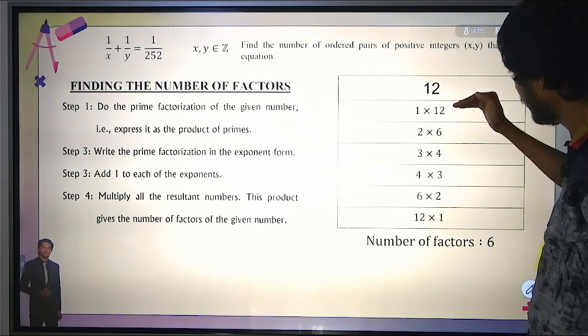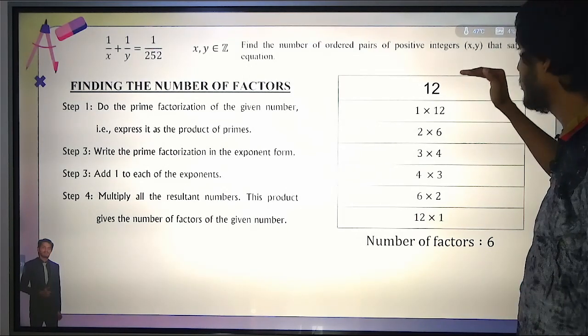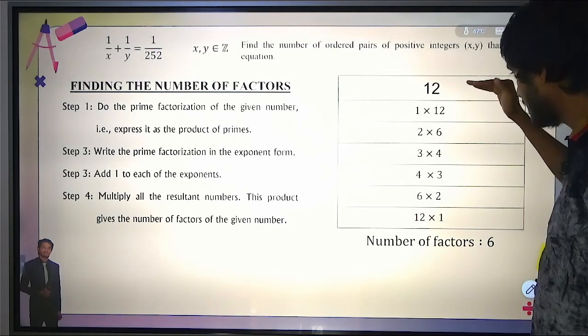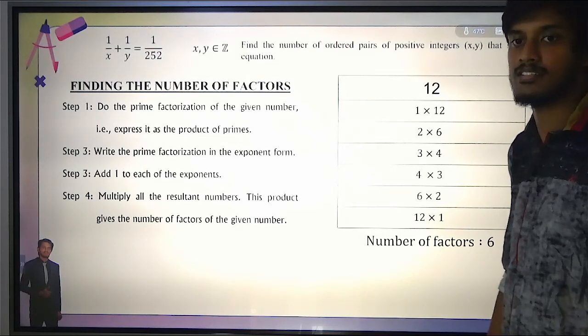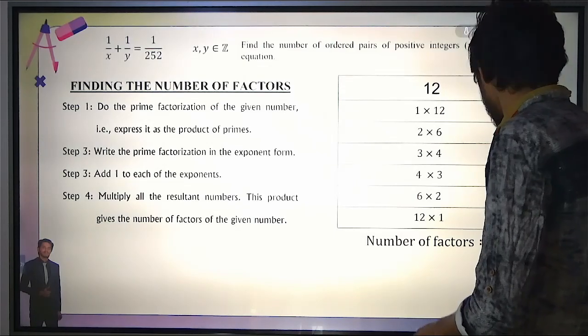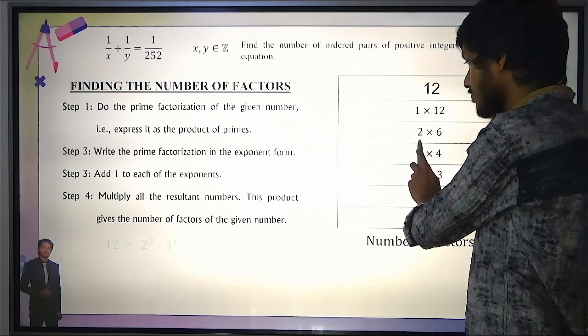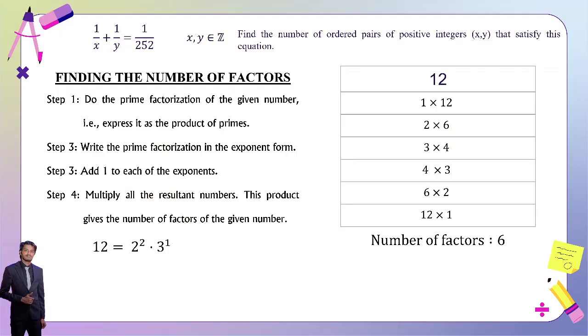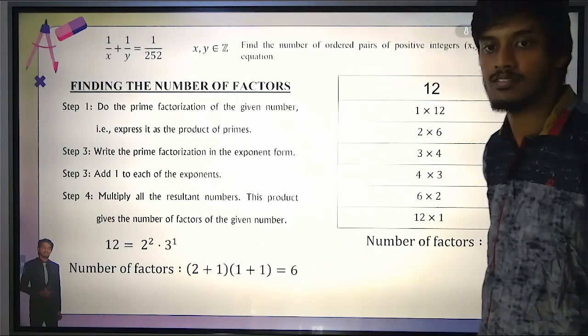So the number of ways 12 can be written as a product is equal to the number of factors it has. So the same thing can be applied to the equation we have here. So 12 can be written as 2 squared into 3 to the power 1. So the number of factors would be, this exponent is 2, 2 plus 1 into 1 plus 1, that would be 6.